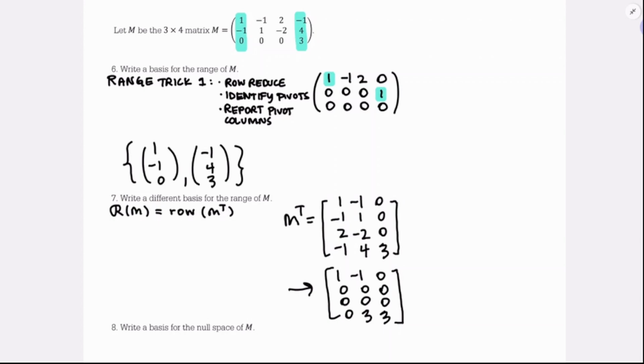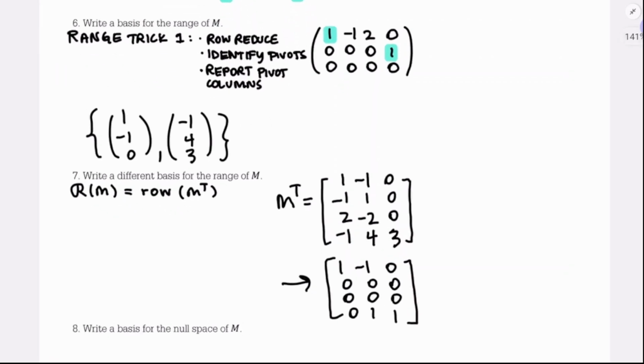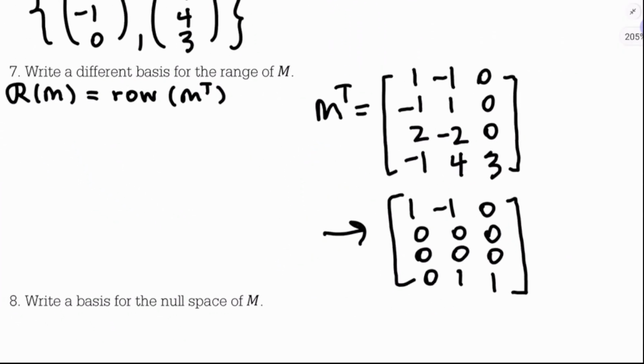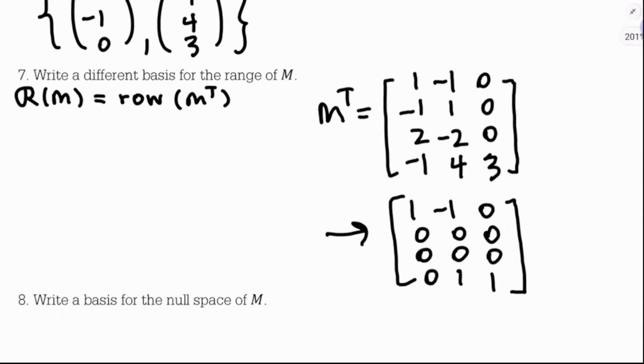And then I might divide row 4 by 3 to make that a 0, 1, 1. And then I'm going to use the fact that there's a basis for the row space in the non-zero rows of the reduced row echelon form of the matrix. So I might actually write this out.